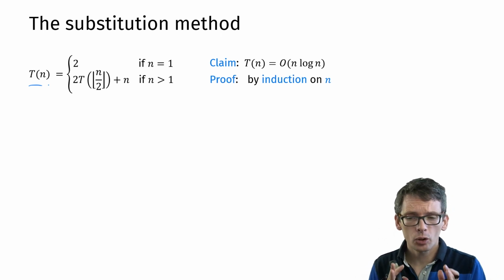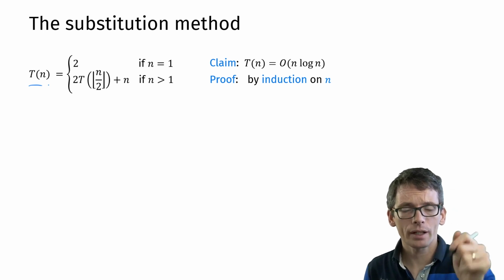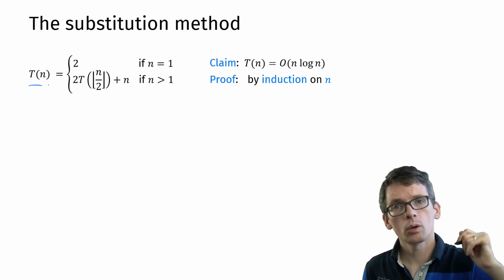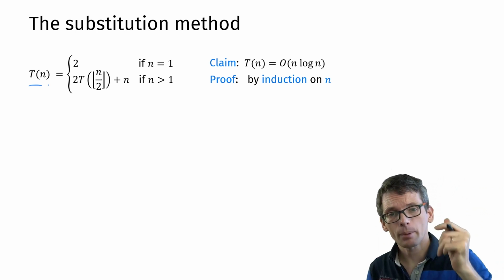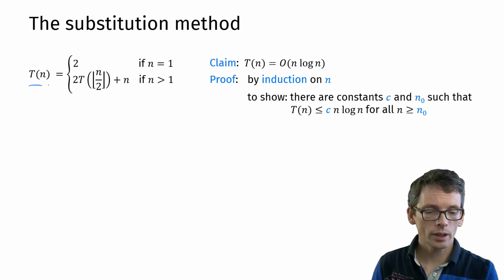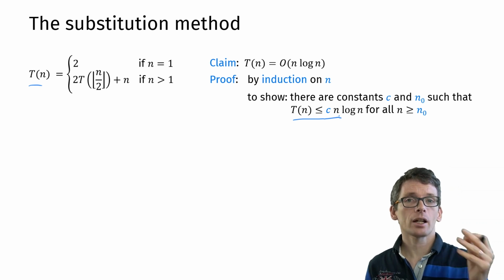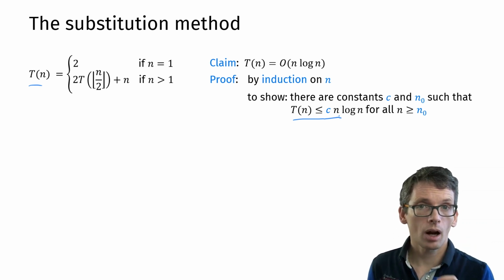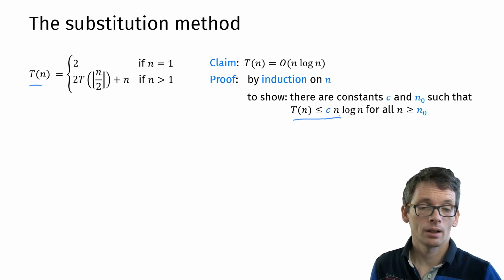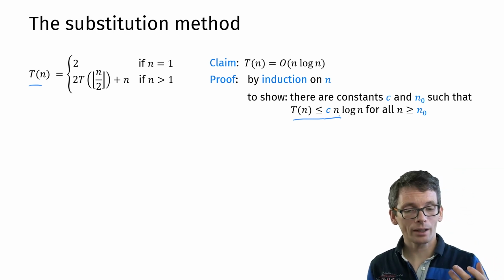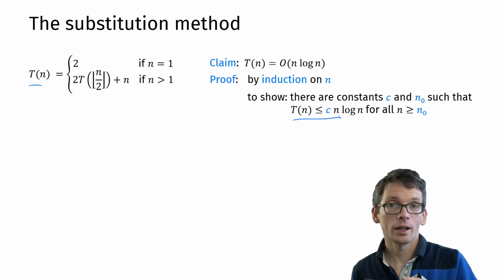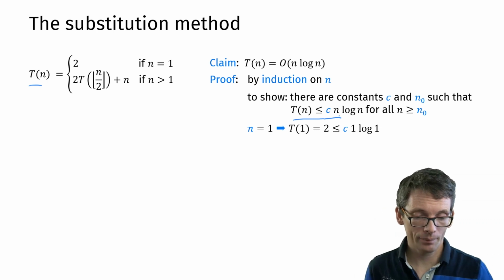What we want to show, if I want to show t of n is an O of n log n, is that I can find an n0 and I can find a c such that I can bound t of n by c times n log n for all n larger equal n0. So how should I pick my n0? Often enough we pick n is 1, but n is 1 is not a good choice here, and the reason is the log n.